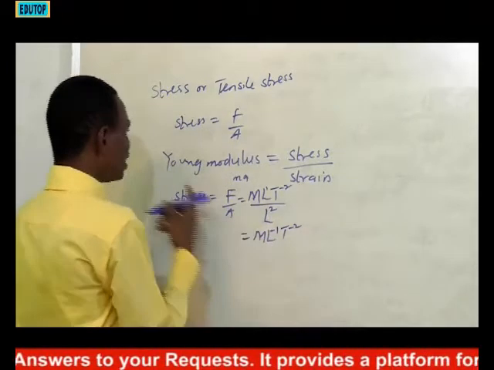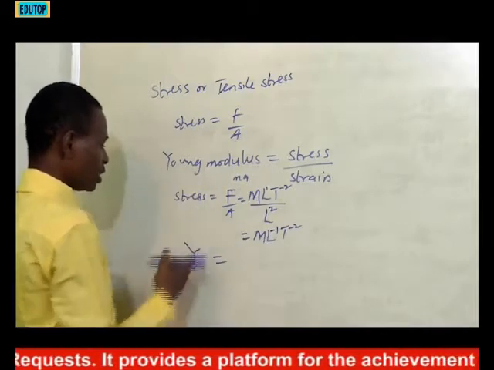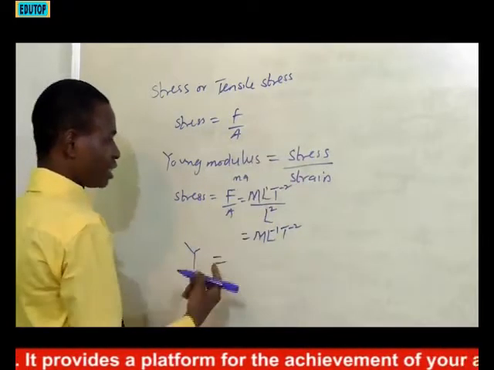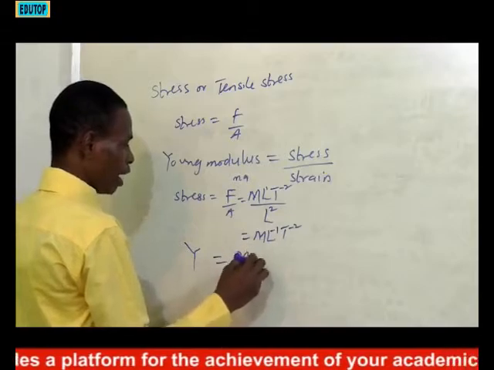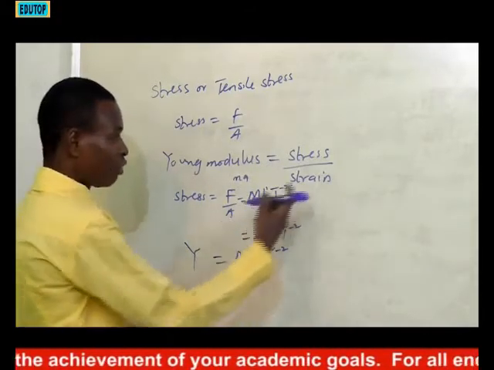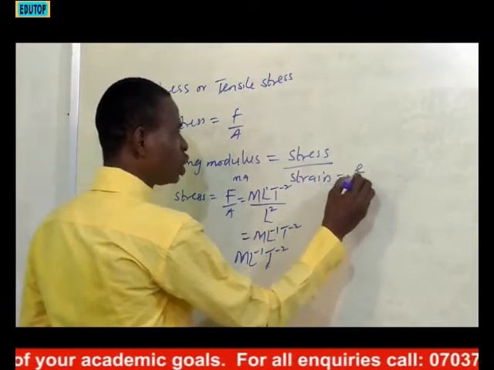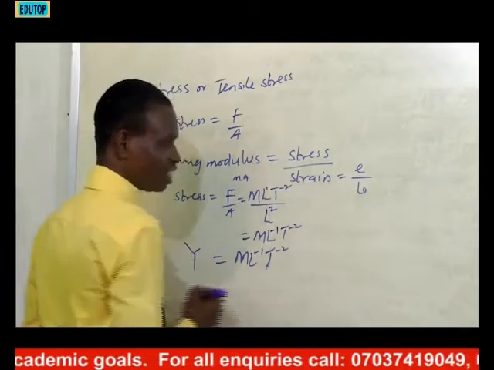Okay? If you are to write the dimension of Young modulus, what are we going to have? Young modulus, this is the symbol. Stress, which is M, L minus 1, T raised to the power minus 2, over strain. Strain is defined as extension over original length.